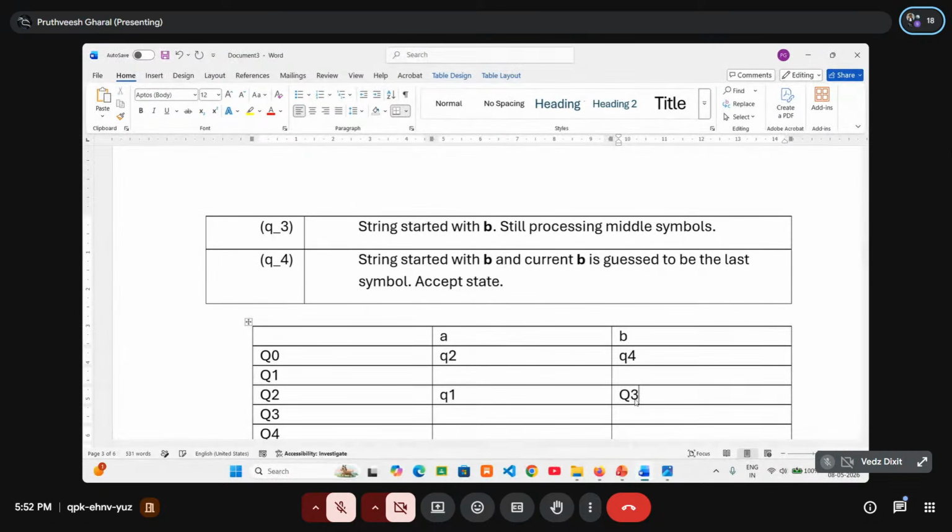We tell the machine to be in the state Q3.